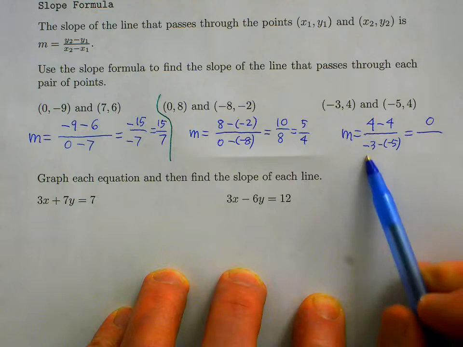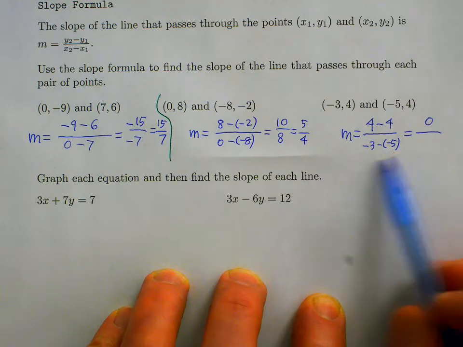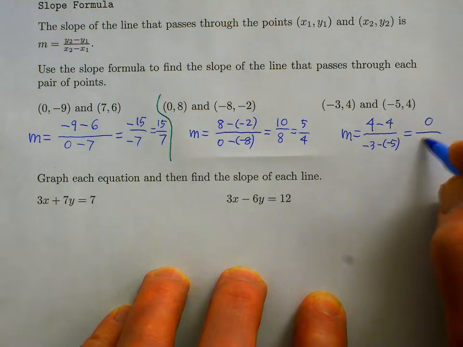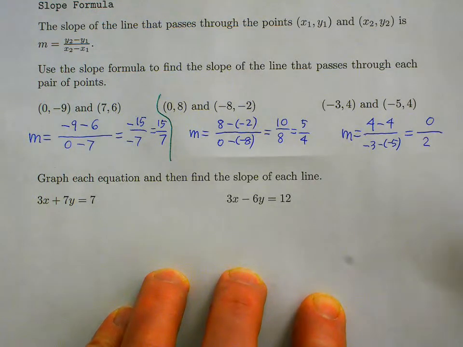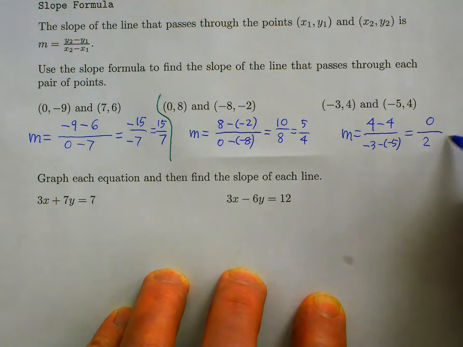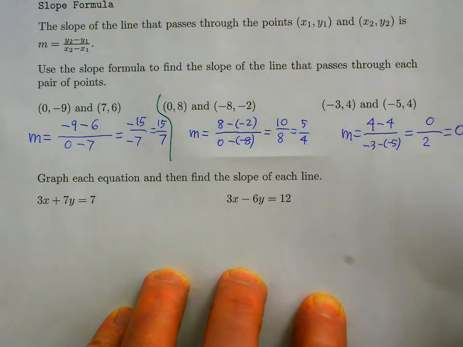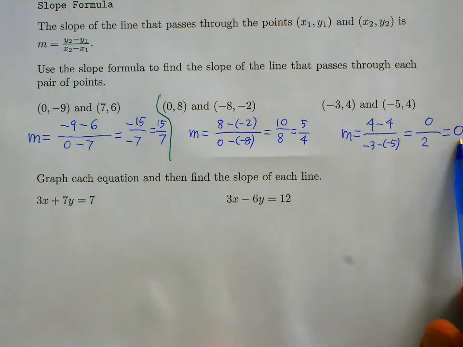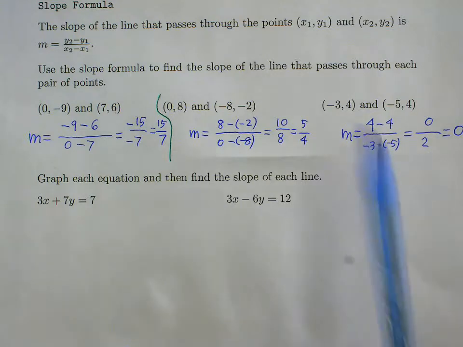In the denominator, -3 minus -5, that is equivalent to -3 plus 5, which is 2. But 0 divided by +2 is just 0. So 0 is a perfectly fine number. The slope of the line that passes through those 2 points is 0.